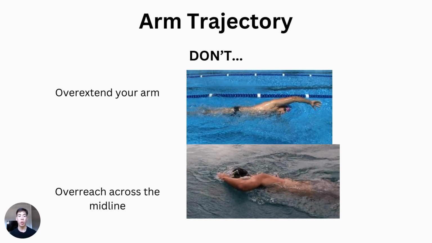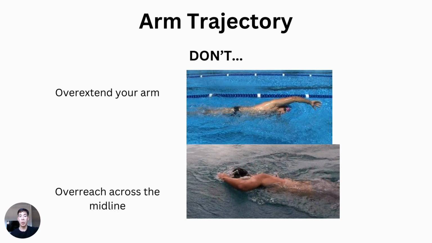The next issue is overreaching across the midline. What I want you to imagine is a line going through the middle of your body. Your hand should not cross that midline once it enters the water. Like I mentioned earlier, your hand really needs to land in line with your shoulders. But a common issue I see with beginner swimmers is that when they land, the arm movement crosses the midline.